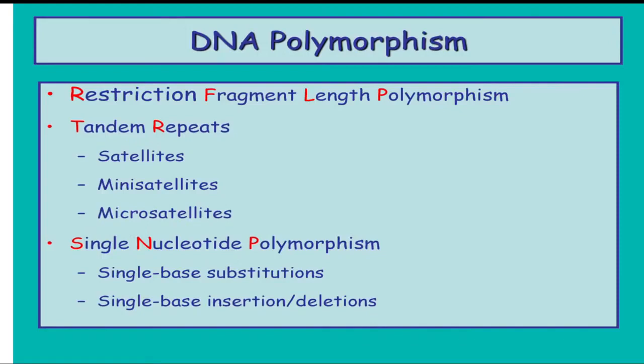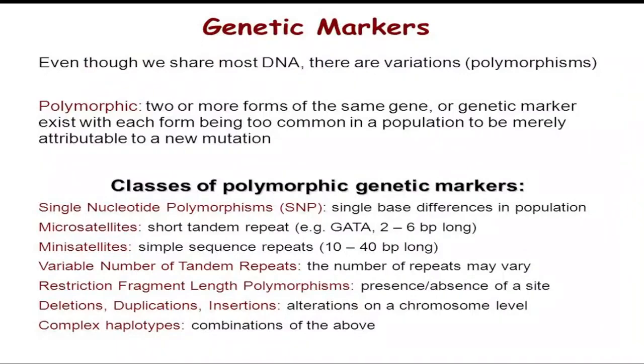There are many types of polymorphism: restriction fragment length polymorphism, tandem repeats, single nucleotide polymorphism. Single nucleotide polymorphism is a single base difference in the population. Microsatellites, short tandem repeats, are 2-6 base pairs long.